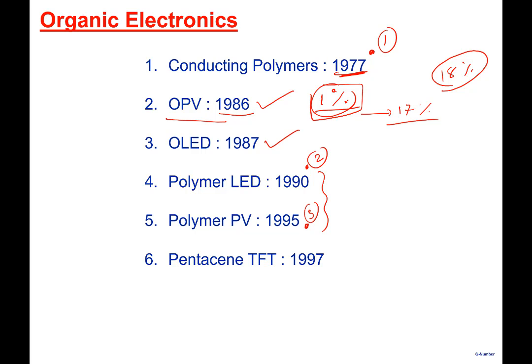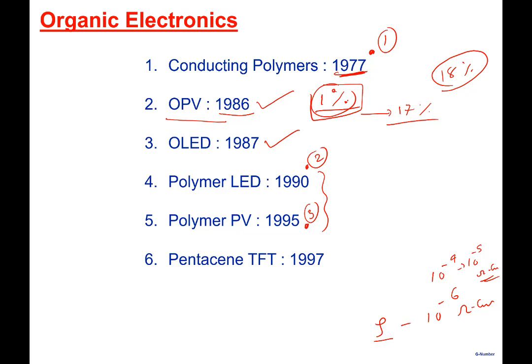And how good a conductor? Well, how good is copper? How do you measure conductivity? Rho, right? Rho of 10 power minus, let's say, 6 or 7 ohm centimeter is the resistivity of copper. Now imagine a polymer: they could dope it and reach 10 power minus 4 to 10 power minus 5 ohm centimeter.